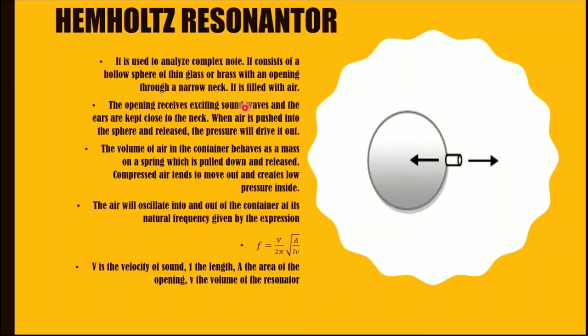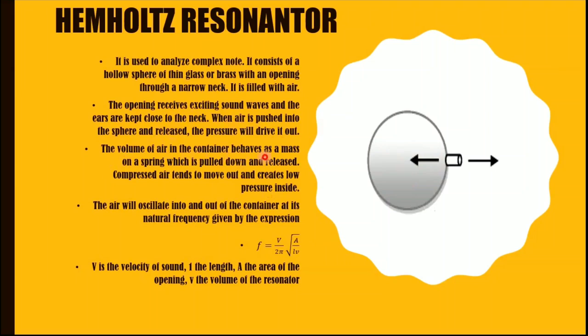The opening receives exciting sound waves, and the ear is kept close to the neck. When air is pushed into the sphere and released, the pressure will drive it out. So what happens when air is pushed into this hollow sphere made of glass or brass? The pressure will drive it out when the air is released.